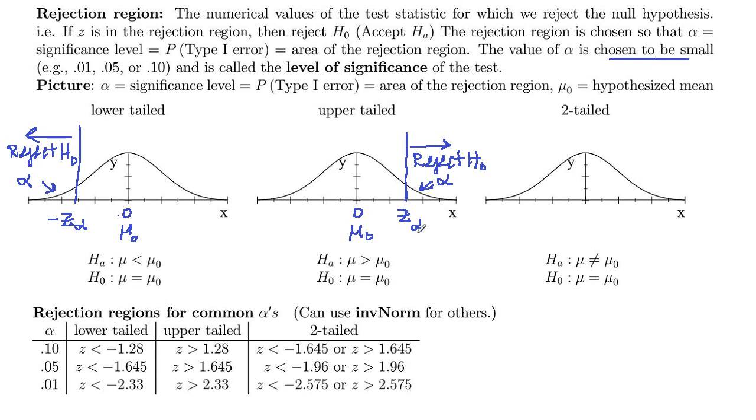And then if you've got a two-tailed test, that comes from an alternative hypothesis that's showing a difference, not directional. Then your mu 0 again in the middle corresponds to a z-score of 0. And then you're going to have two rejection regions, one on the right and one on the left. If your test statistic is extremely large or extremely small, then you reject H0. Reject H0 there and reject H0 here.